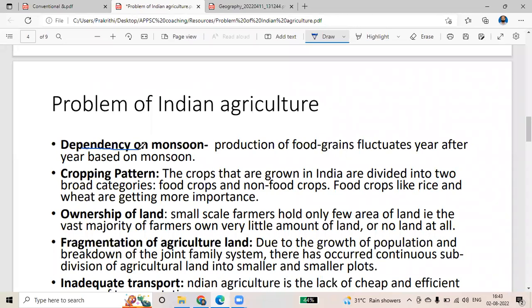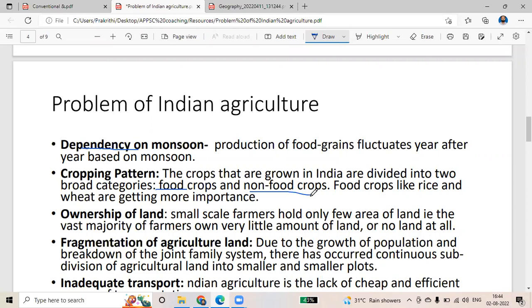The second one is the cropping pattern. When we talk about the cropping pattern, we have two types of crops: food crops and non-food crops. But in India, for food security, we give priority to food crops.